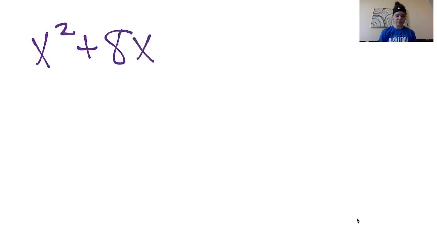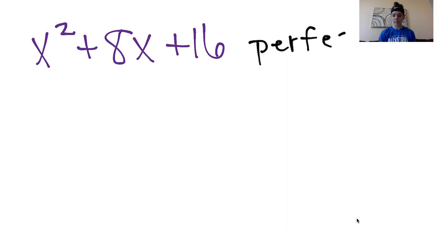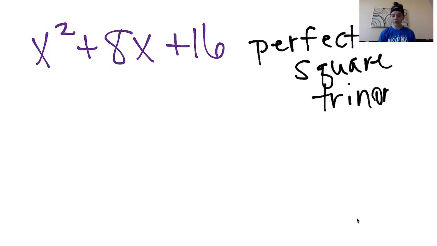So first of all, I want to talk about this quadratic right here. x squared plus 8x plus 16 is what we call a perfect square trinomial. We call it a perfect square trinomial because we can factor it perfectly, okay?